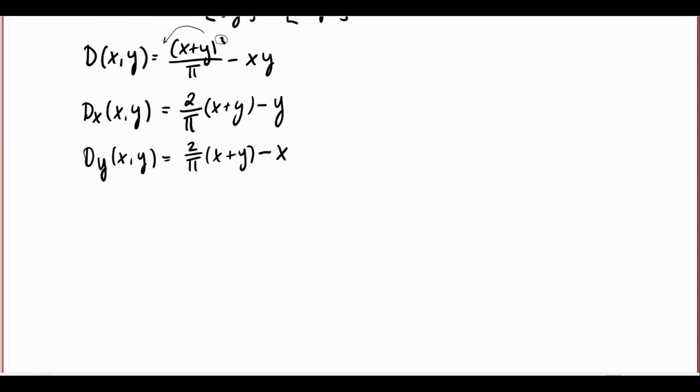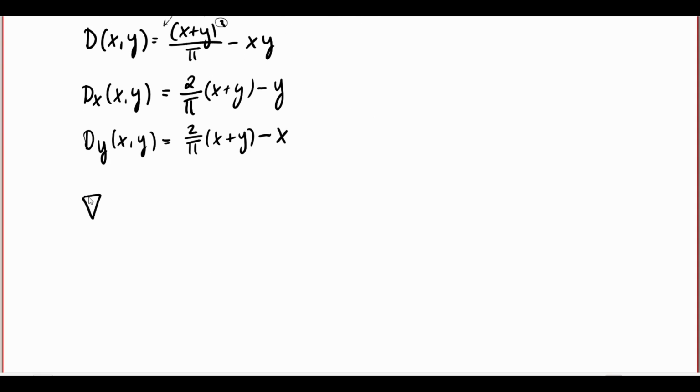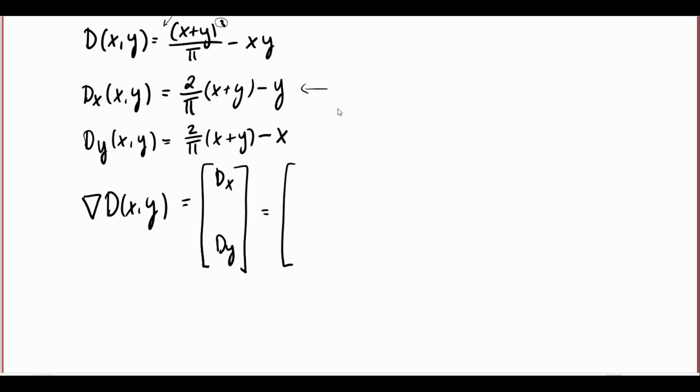So now our gradient vector d(x, y) becomes this. We have dx and dy here. So dx is this expression here, 2 divided by pi times x plus y minus y, and dy is this expression down here, 2 divided by pi times x plus y minus x.